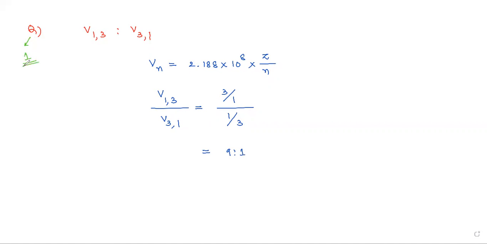In the options, you can check. So Vn is directly proportional to Z, inversely proportional to n, right? Now, coming to the time period of revolution, T12 is to T21.